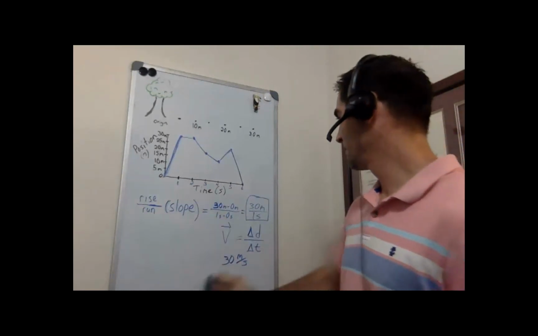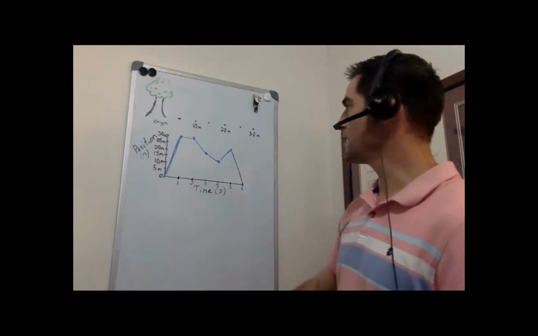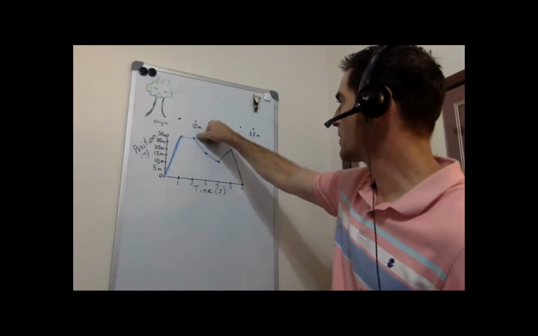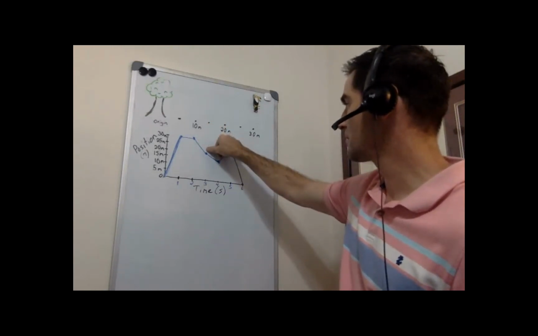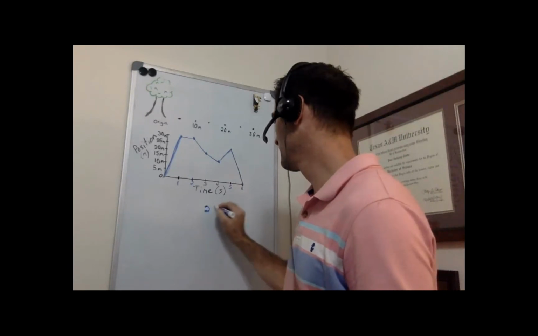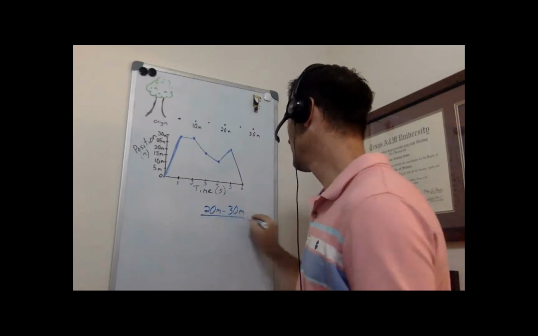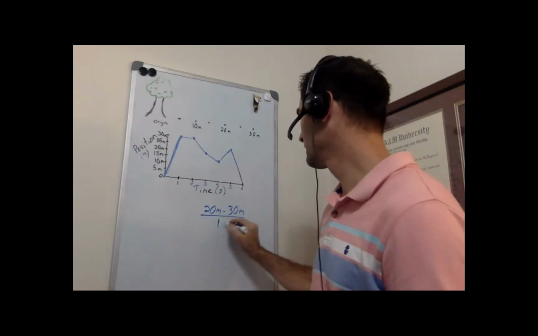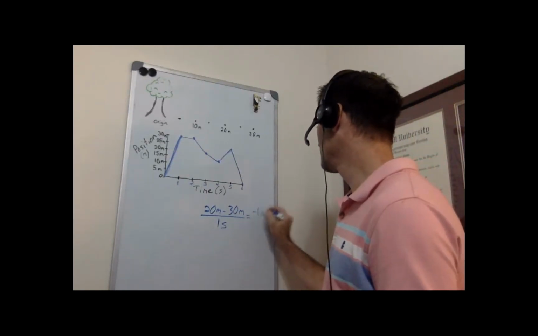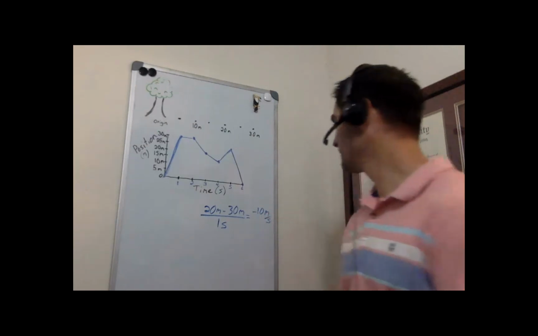What about from time 2 to time 3? From here to here, we go from 30 meters to 20 meters. So 20 minus 30 over 1 second is equal to negative 10 meters per second.